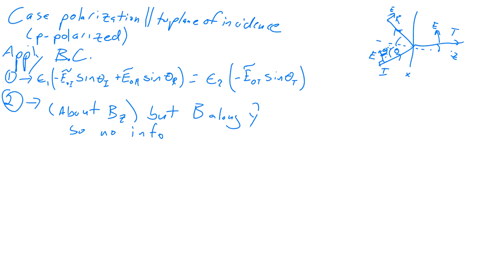B is pointing up out of the screen, so the Z component of it doesn't tell us anything. It's basically 0 equals 0. Yay, nothing there.